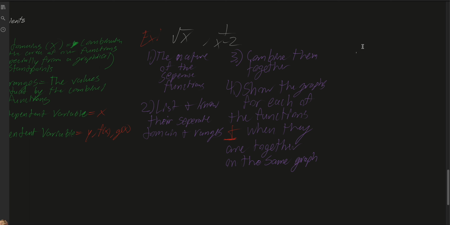So, namely, if we wanted to, and I'll just map this out over here, we would have the square root of x plus 1 over x minus 2. First step that we would do, just going over one, is that for the square root of x, we would have to know its domain, along with its range too, sorry.